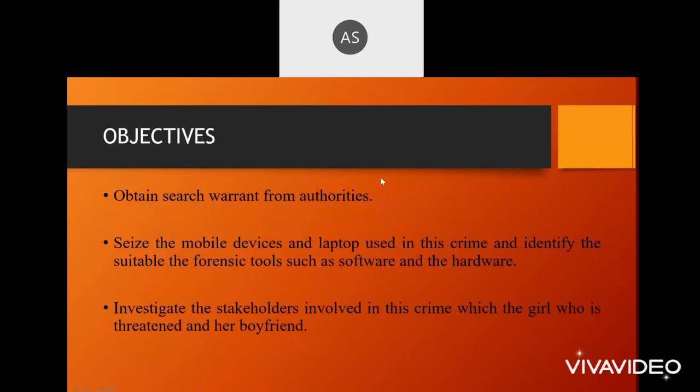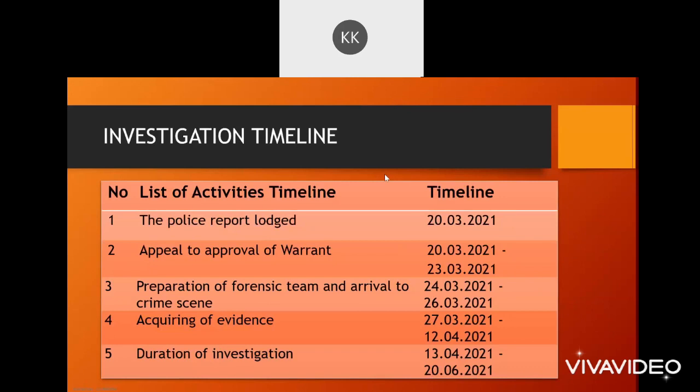Now is the investigation timeline. We have a list of five activities. First will be the police report lodged, which is on 20th March 2021. Second is the appeal for approval of warrant.